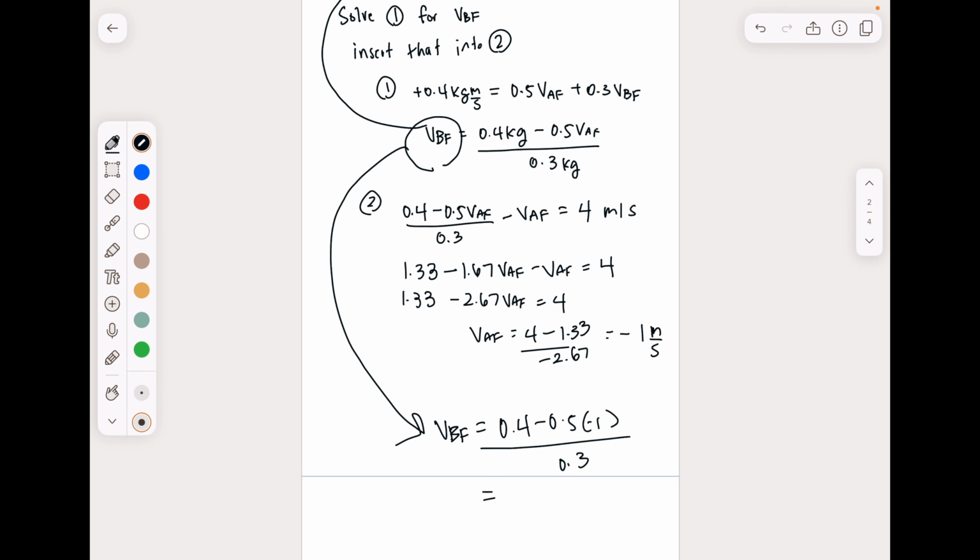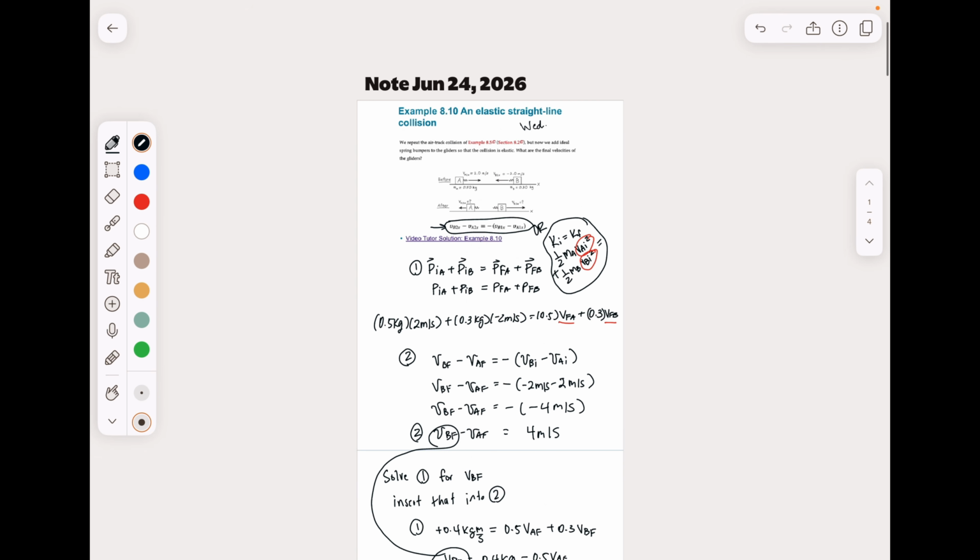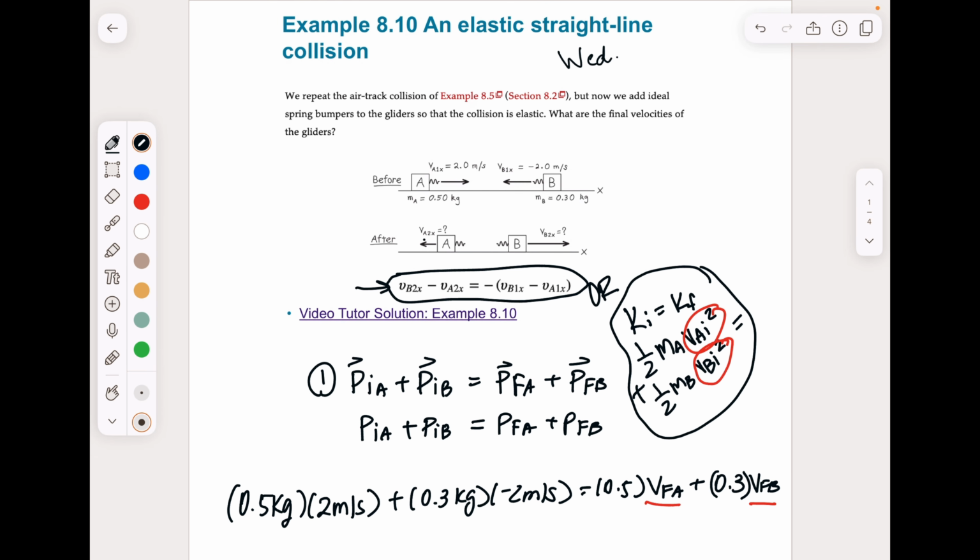And you're going to get minus a negative, so plus 0.5 divided by 0.3, 1.67, which is roughly 3 meters per second. So the final velocity of glider B is going to be moving to the right at 3 meters per second. And you can see those arrows, right? We have an arrow pointing to the left with magnitude 1, and an arrow pointing to the right with magnitude 3, to indicate the final velocities of the gliders.